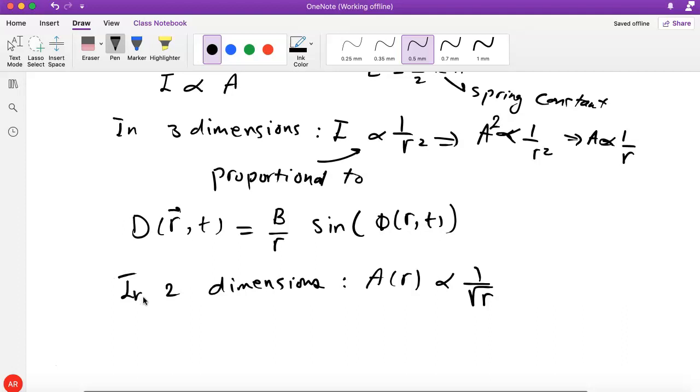That's just a side remark. So this depends on dimensionality. And in 1 dimension, of course, it's just a constant, right? It doesn't depend on distance. As you propagate in 1 dimension, you're not spreading out your energy in various directions, so the amplitude or the intensity doesn't go down, doesn't change.